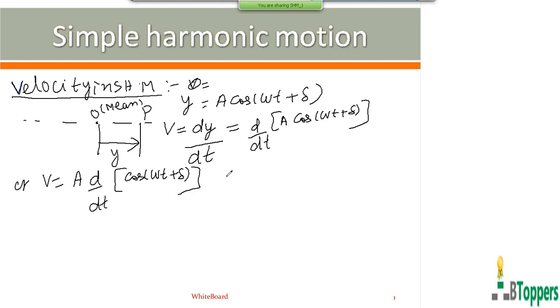The derivative of cos omega t plus delta, as I told you, can be written as minus omega into sin omega t plus delta.